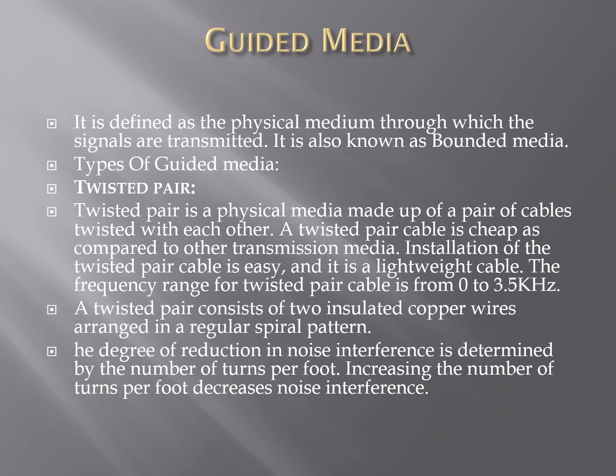The frequency range for twisted pair cable is from 0 to 3.5 kHz. A twisted pair consists of two insulated copper wires arranged in a regular spiral pattern. The degree of reduction in noise interference is determined by the number of turns per foot. Increasing the number of turns per foot decreases noise interference.